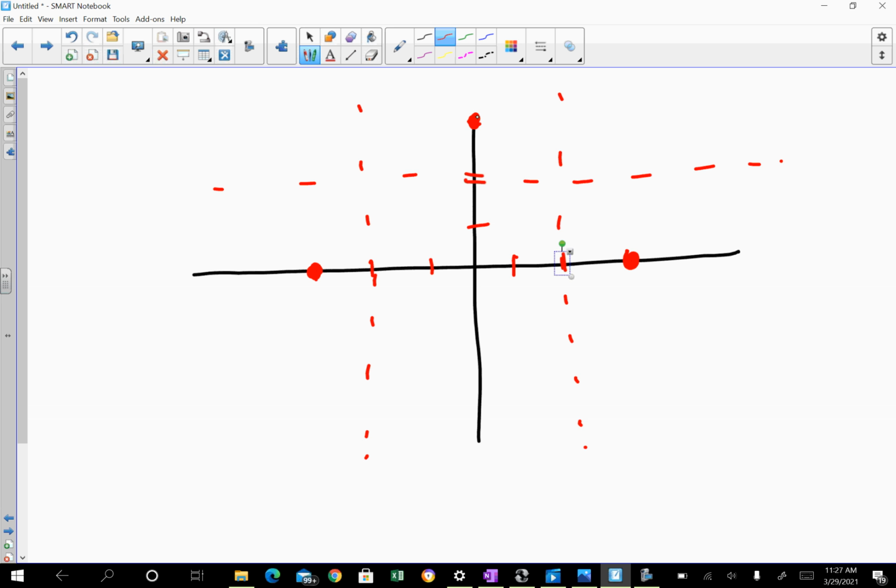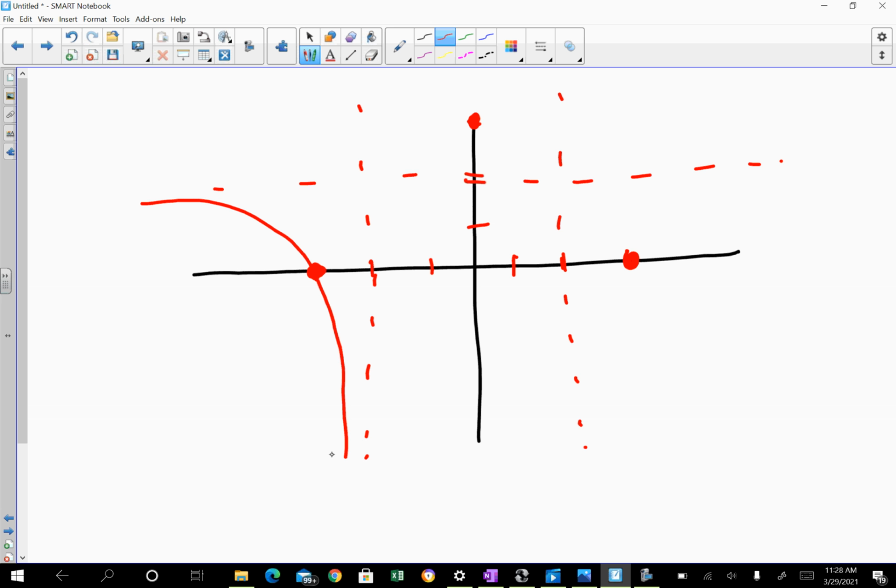From -∞ to -2, it's decreasing and concaving downward. We know that the graph follows the asymptotes, so it's decreasing and concaving downward. Then from -2 to 0, it is decreasing, concaving upward.